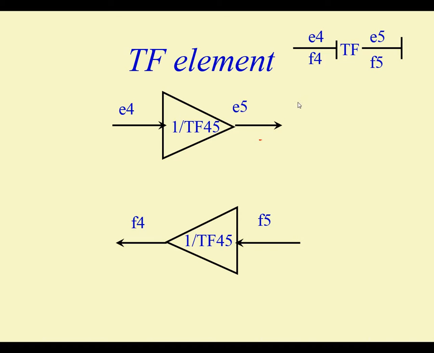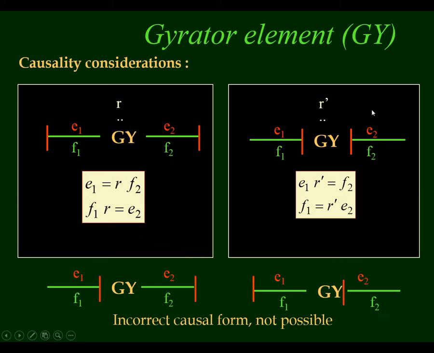The equations here say E sub 5 is equal to 1 over T transformer for 5 times... so that's the TF element.